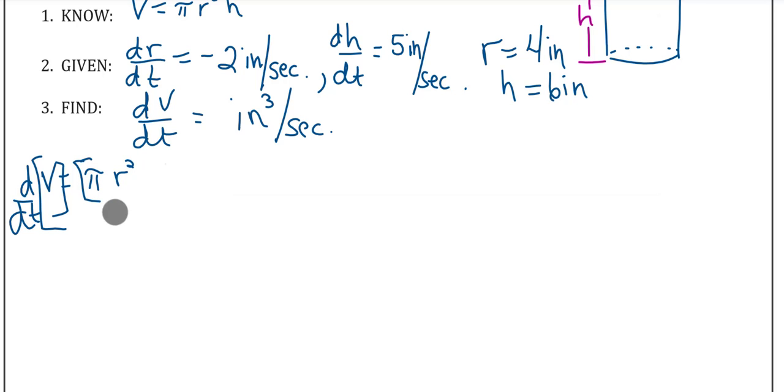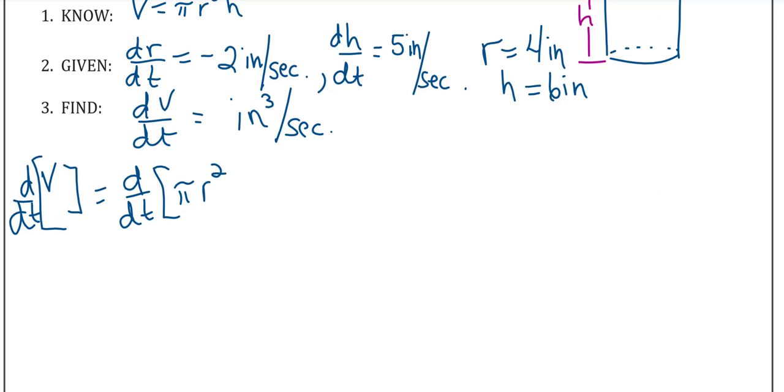Let me rewrite that. Now, we're going to have to use the chain rule like we always do when taking the derivative with respect to time, but we also have a product here, so we'll have to use our product rule as well.